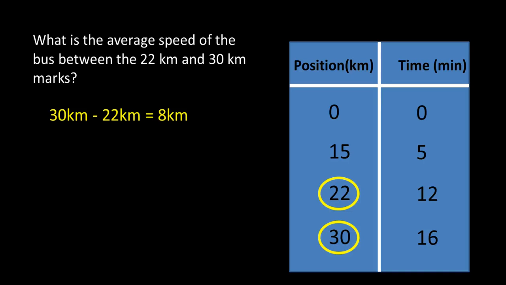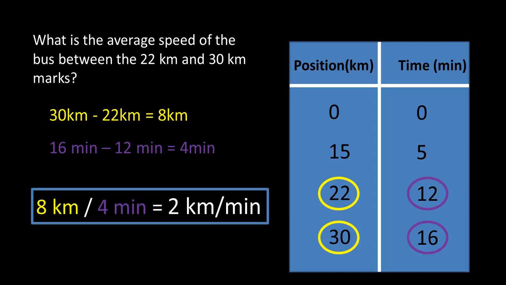So 30 minus 22, of course, is 8 kilometers. That's the distance. And then the time that it took was from 12 to 16. So the time that it took then would be 4 minutes. So given that information, our speed is going to be the distance of 8 kilometers divided by the time of 4 minutes, and we get 2 kilometers per minute.